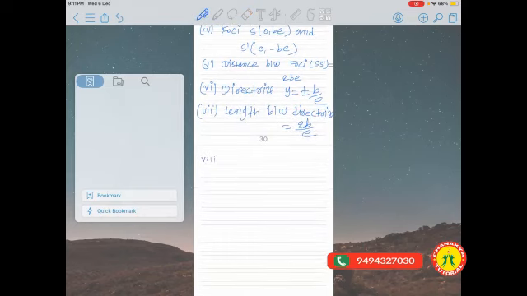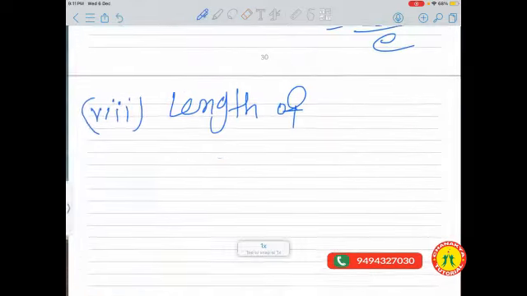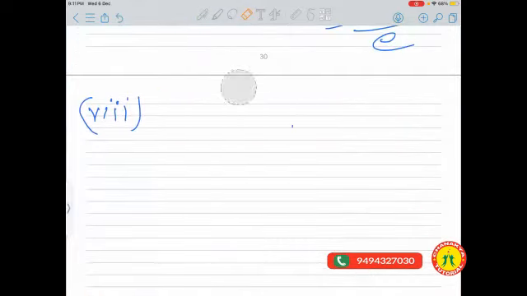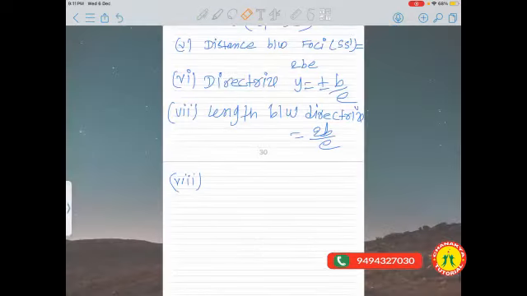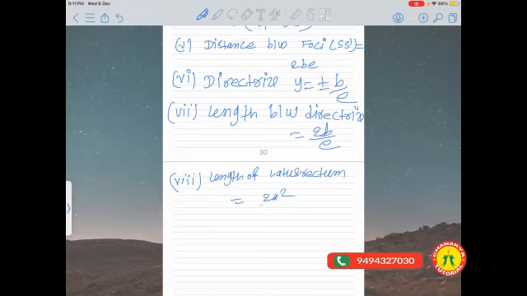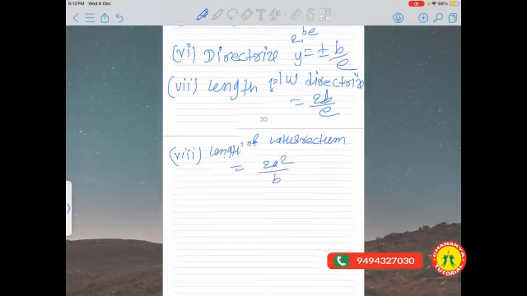Now the eighth point is the length of the latus rectum. The length of the latus rectum is 2a square by b.